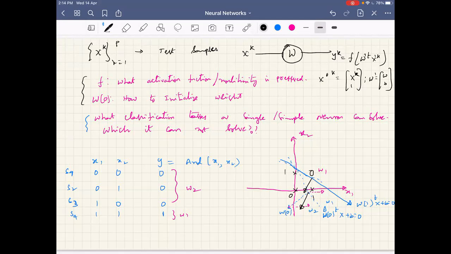This is what we have got after adding algebraically: the misclassified sample xk and W0. These two are added to get this W1, right? As you can see.